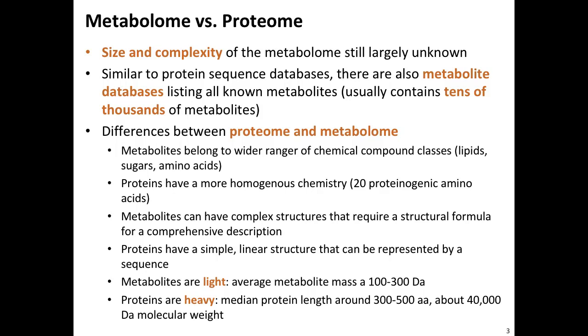So when we compare the metabolome and the proteome, we had this discussion yesterday already. The size and the complexity of the metabolome is really not well defined and largely unknown. We have really no idea how many metabolites to expect in a specific sample. There are also no metabolite databases that really list all potential metabolites.